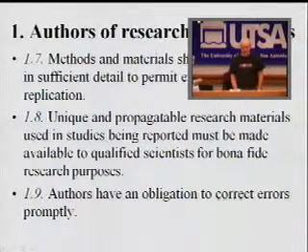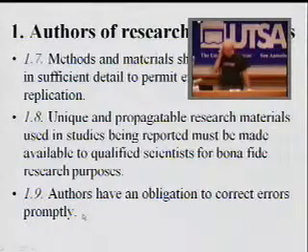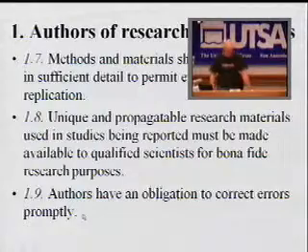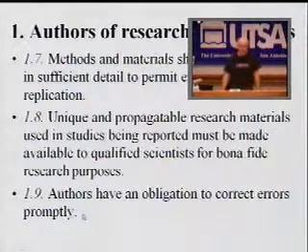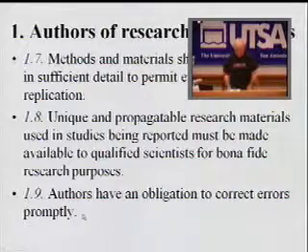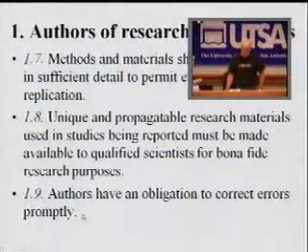Authors have an obligation to correct errors promptly. So there are quite often errata, E-R-R-A-T-A, I think that's Latin, published on the back pages of issues of the volumes of journals. Prior publication, they're publishing the errata.